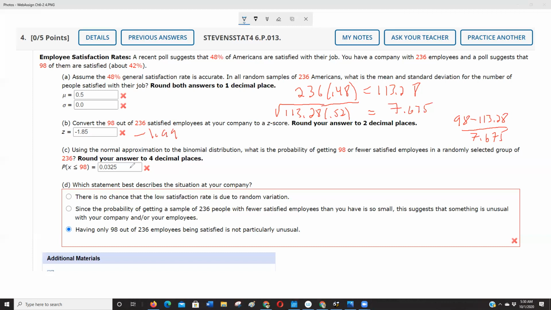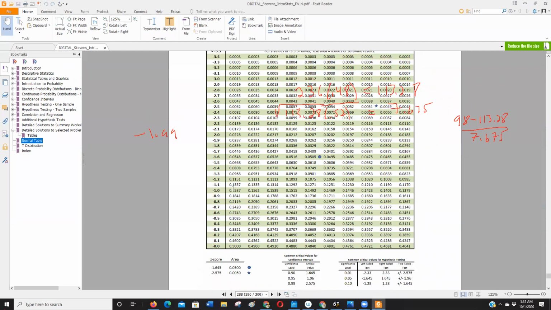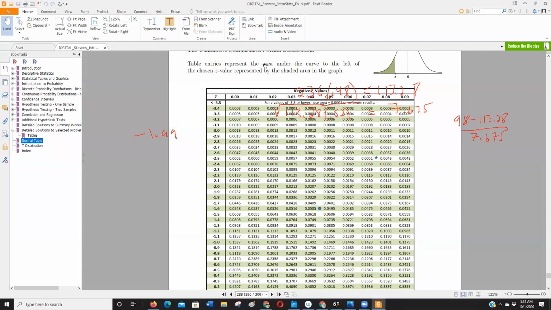And then they're looking for the probability. So we could look at Dr. Stevens's table. Just let me pause my video and I'll go get that open. So we're going to go to negative 1.99. Negative 1.9, come over to 9.